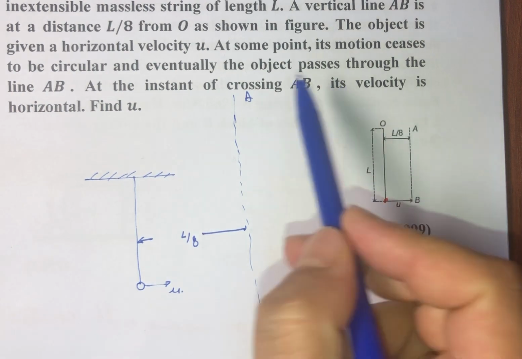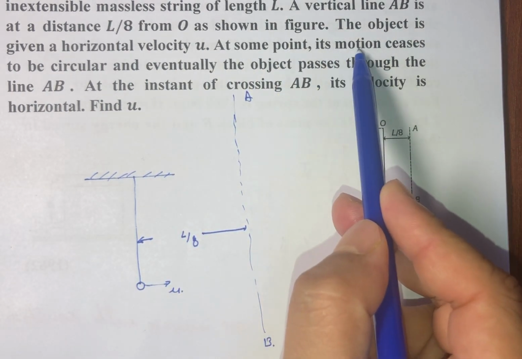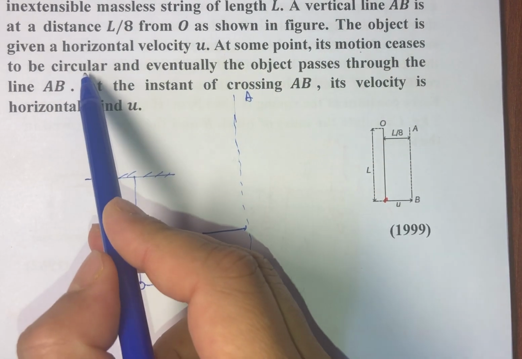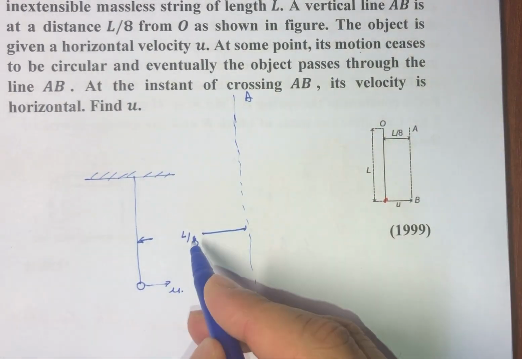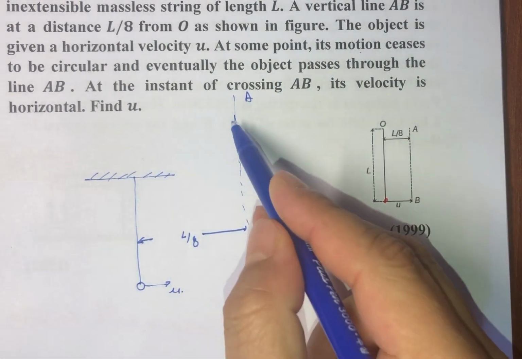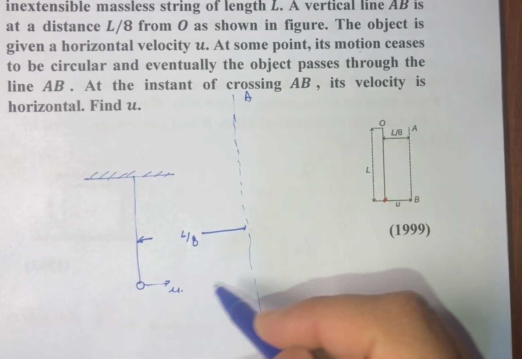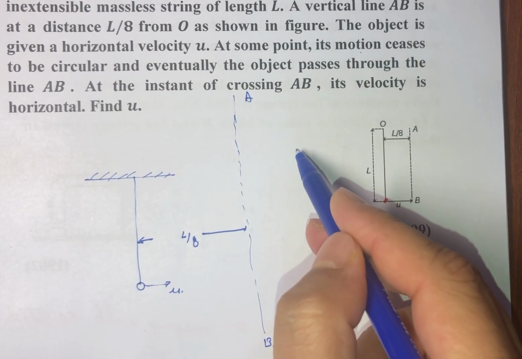So it says that at some point its motion ceases to be circular and eventually the object passes through the line AB. So it means before the particle crosses the line AB, its motion is circular.